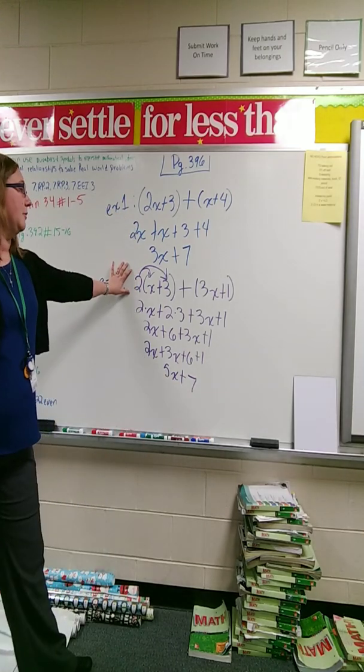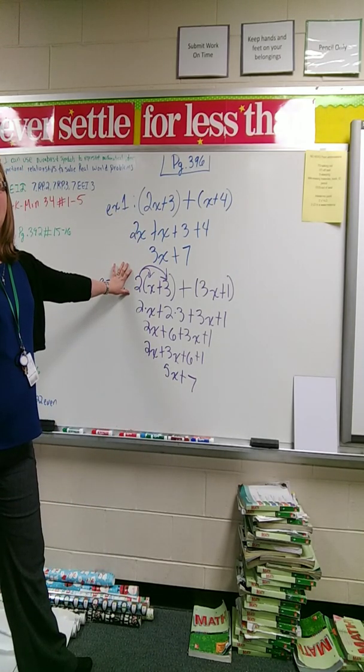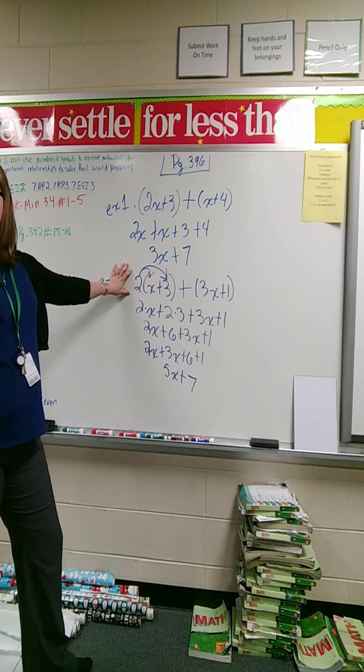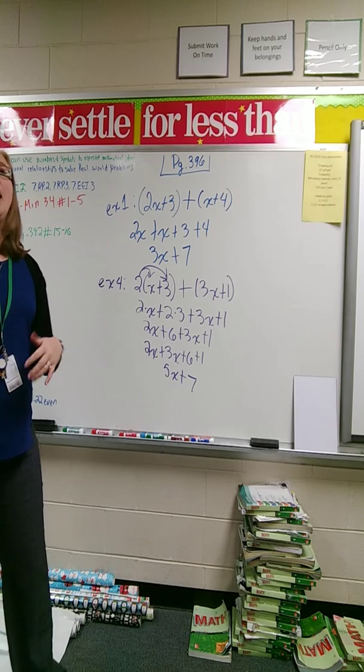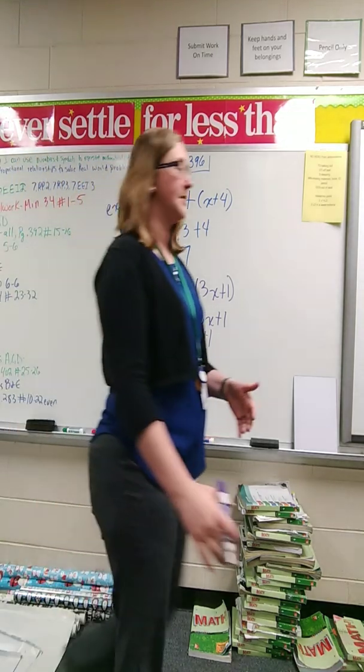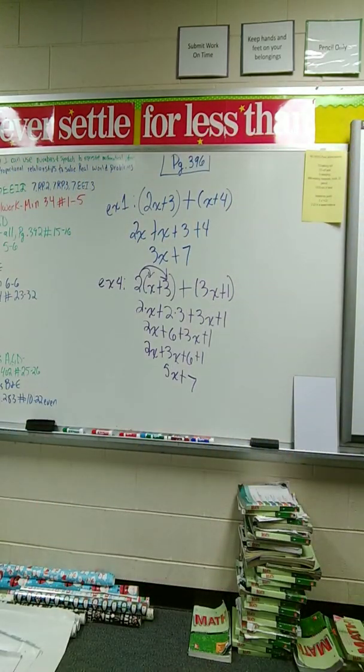So I started out with this. It's long, it's got a whole bunch of parentheses, it's got operations inside parentheses, it's got operations between parentheses. That's a really long way of saying 5x plus 7.